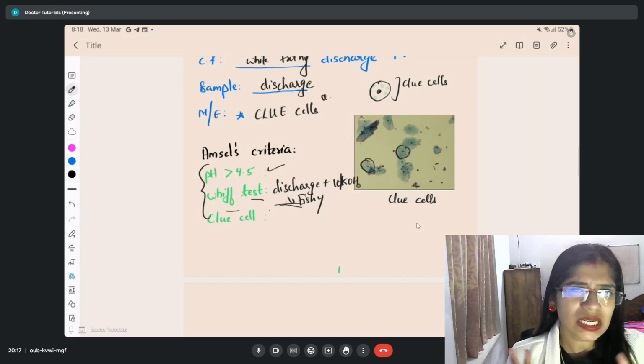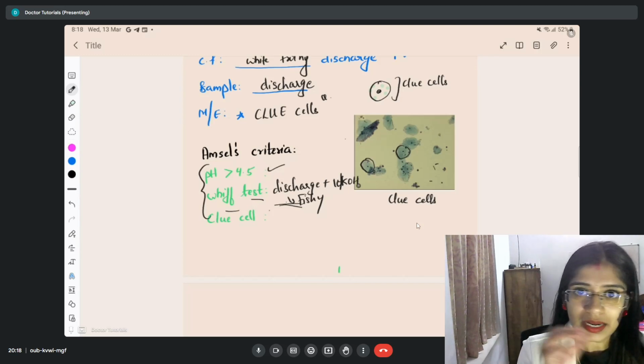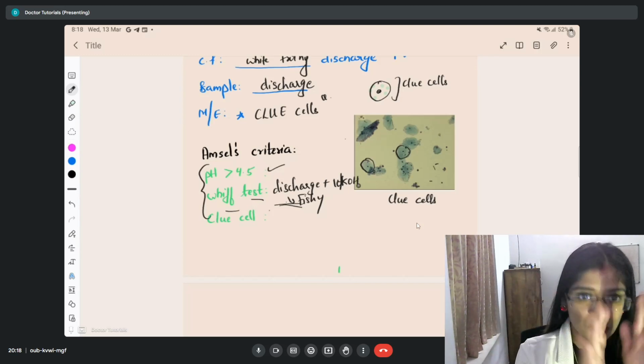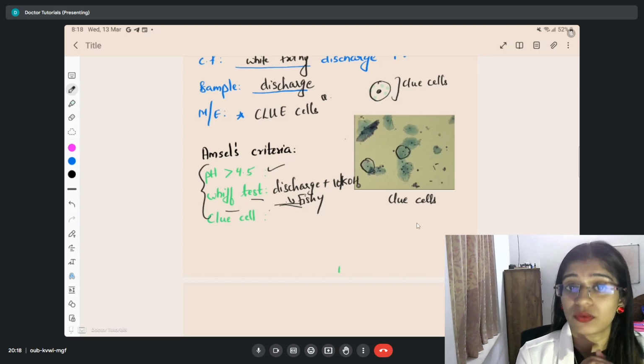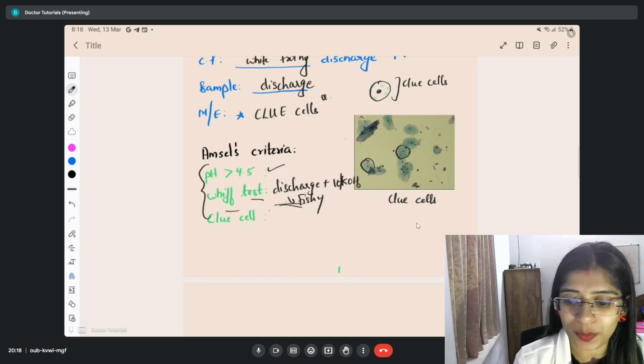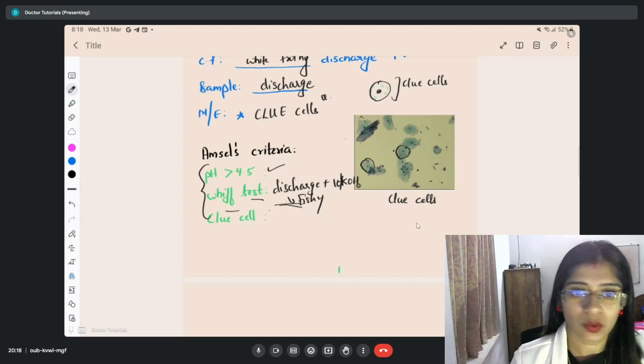What are clue cells? They are epithelial cells, and on top of them you have the bacteria Gardnerella vaginalis stuck on them. That picture is called clue cells. And Amsel's criteria, these three things: pH of the vagina more than 4.5, whiff test positive, and clue cells seen on microscopy. If you see all these, then the diagnosis is definitely bacterial vaginosis.